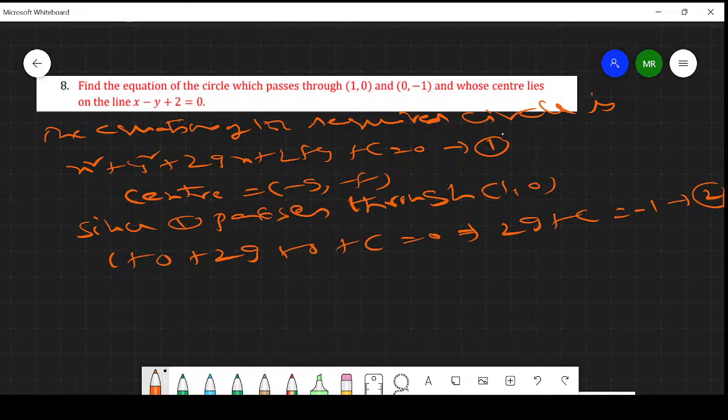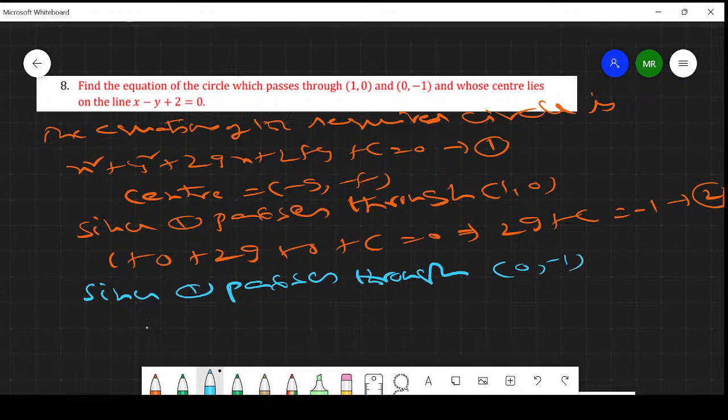Again, since circle 1 passes through (0, minus 1), substitute in the circle equation.